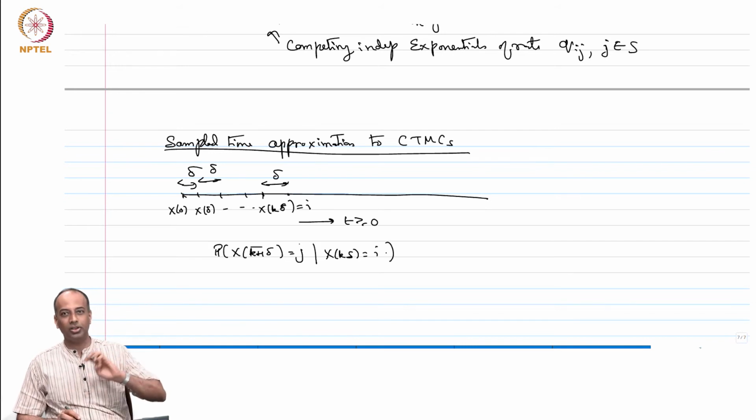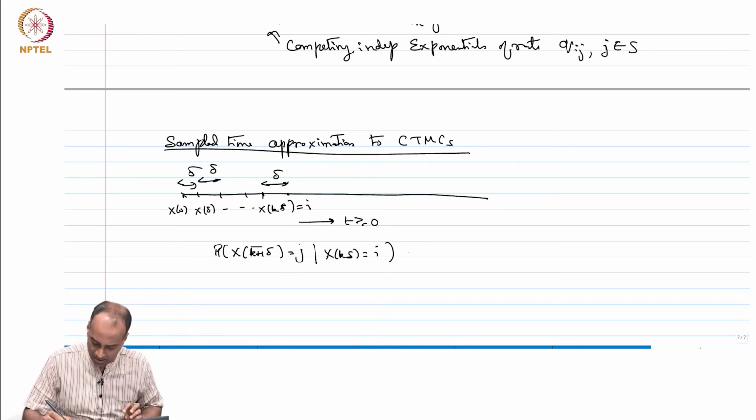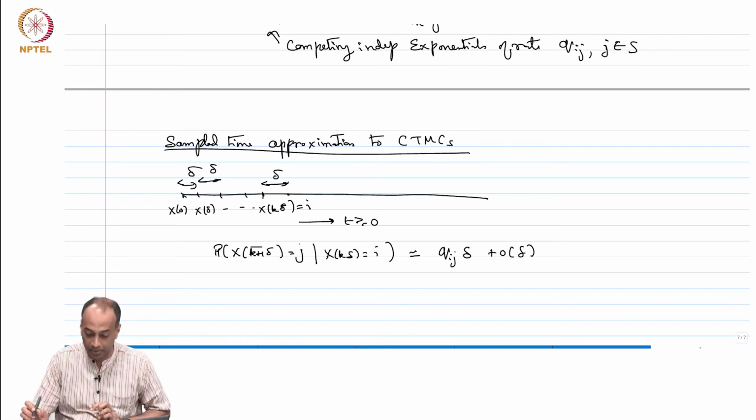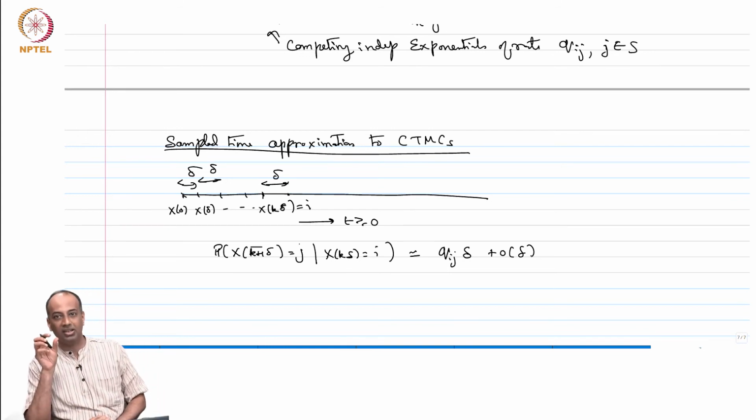And of course, the probability of two exponentials firing in this little delta interval is very small, it is little o of delta. So, this can be written as Qij delta plus little o of delta. If you ignore the little o of delta term, Qij times delta gives you a transition probability from state i to state j in these tiny little delta intervals.